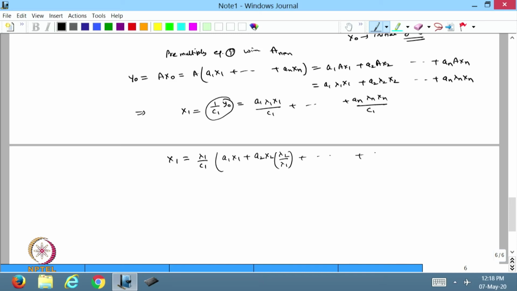In the end I will get an lambda n over lambda 1. So, c1 I will take common, and I will take lambda 1 also common from all this.